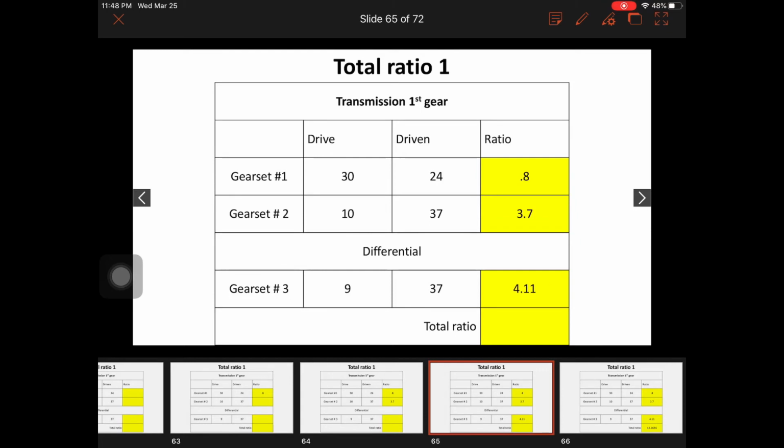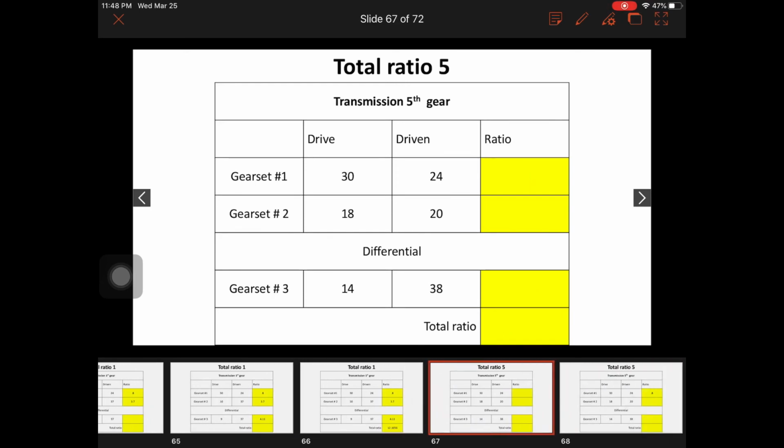If we multiply all 3 of those together, 0.8 times 3.7 times 4.11, the product of that is going to be 12.1656, which we would round up, because it's 5 or greater, to 12.17. So your total ratio is going to be 12.17: the input shaft is going to turn 12.17 times for 1 revolution of the axle.